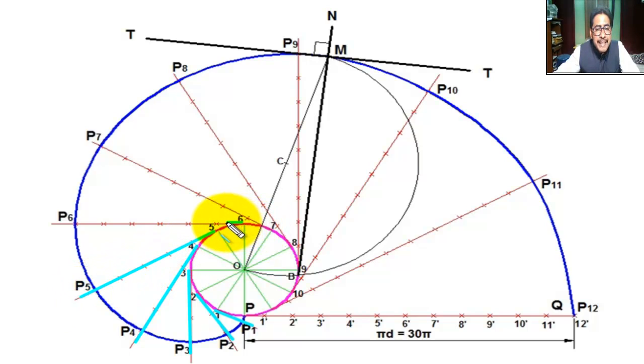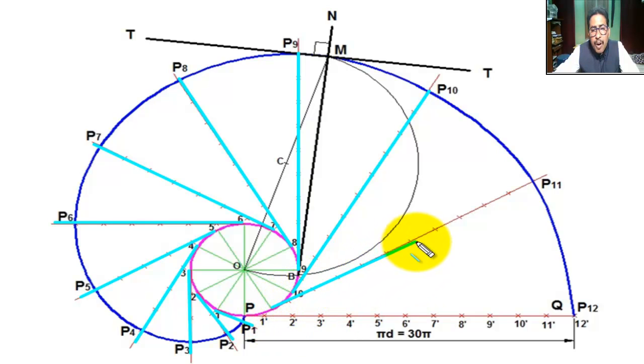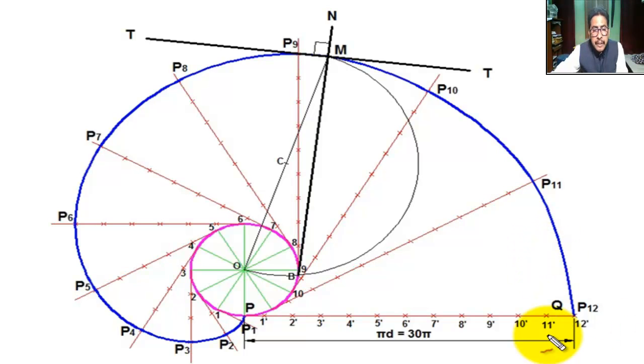We draw a tangent from 6, from 7, from 8, from 9, from 10, and from 11. Okay.